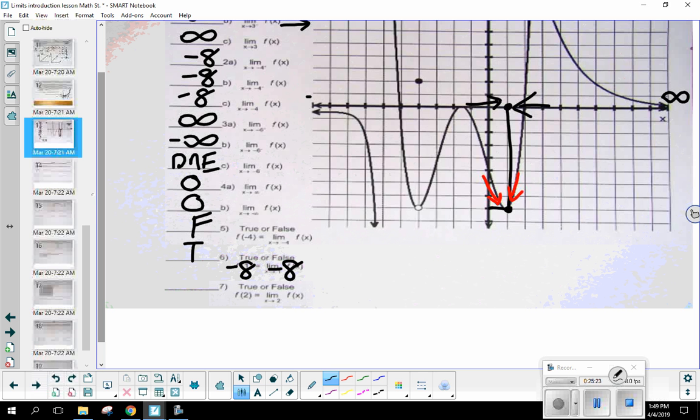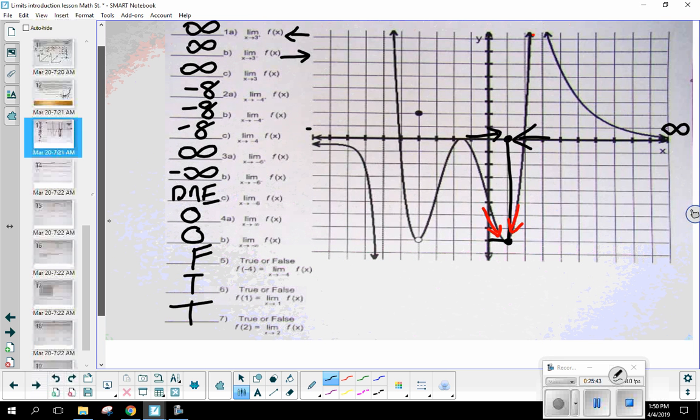Okay. Good, good, good. And here's our last one. How about Caroline? What would you say for f of 2 equals the limit as x approaches 2 of f of x? True. It is true. Okay. So what's the value of f of 2?